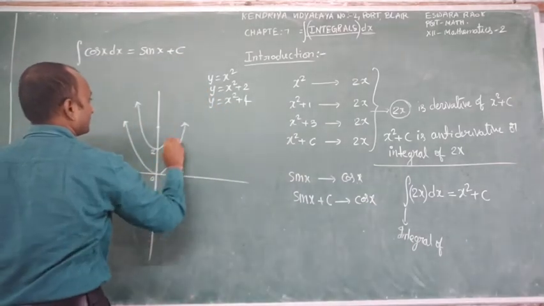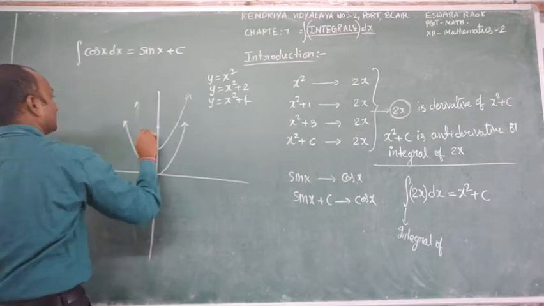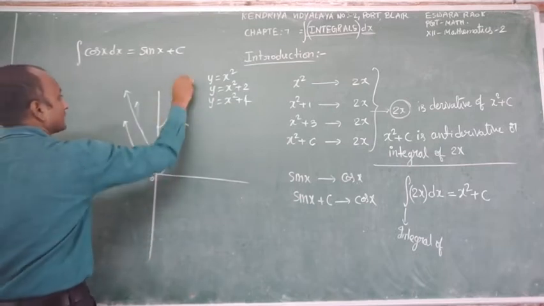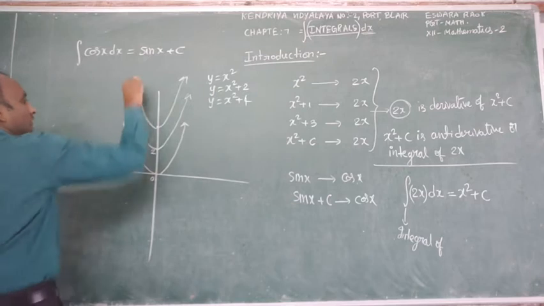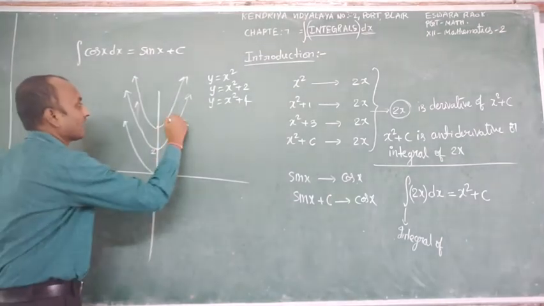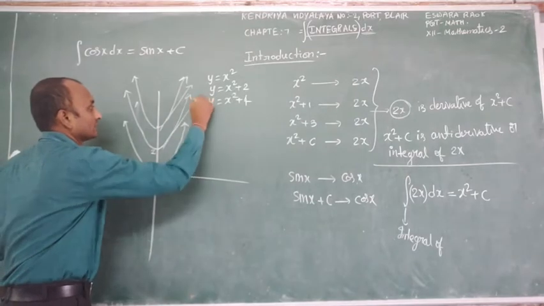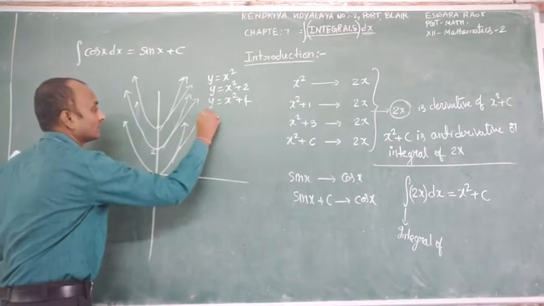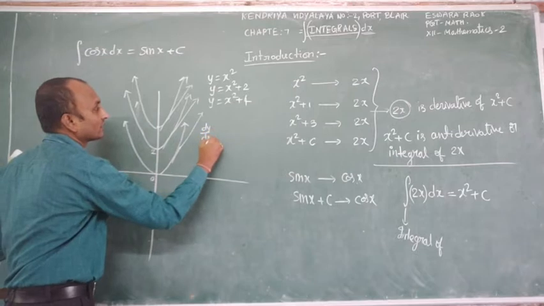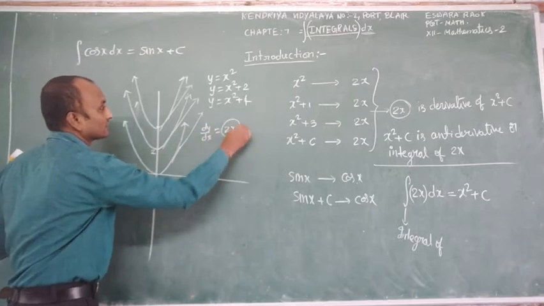At any point, if you draw a tangent for all these functions and find dy by dx, are you getting the same dy by dx or not? It is equal to 2x.